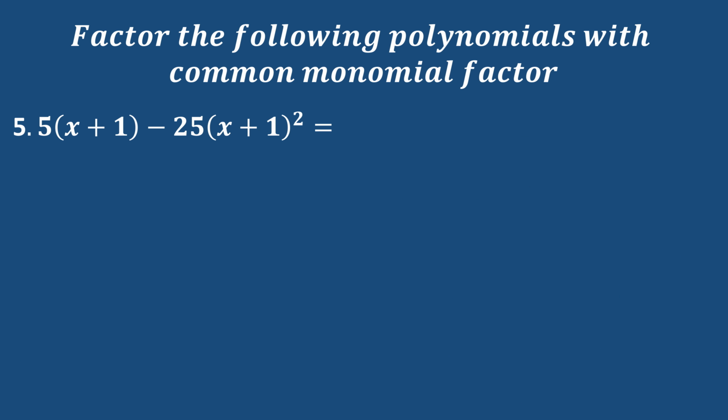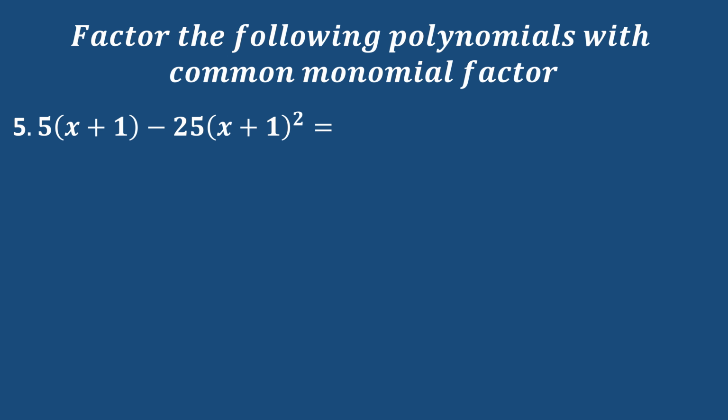Okay, so let us proceed. Number 5, we are given these two terms, 5 times the quantity x plus 1 minus 25 times the quantity x plus 1 to the power of 2. So far, let us check their constants if there is any common.